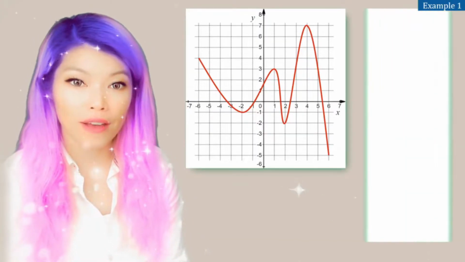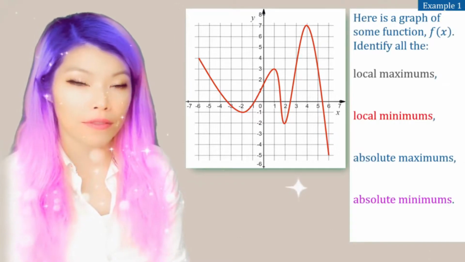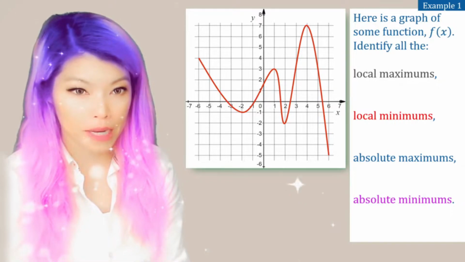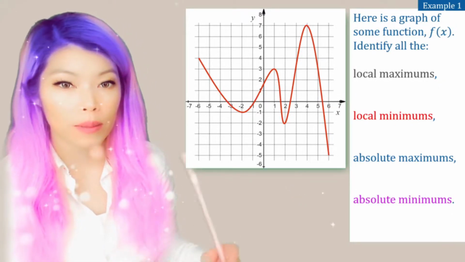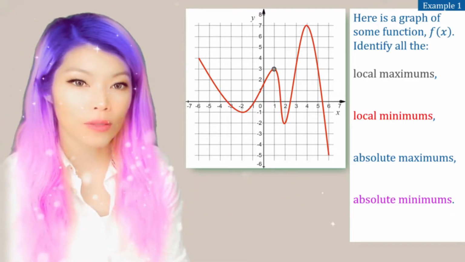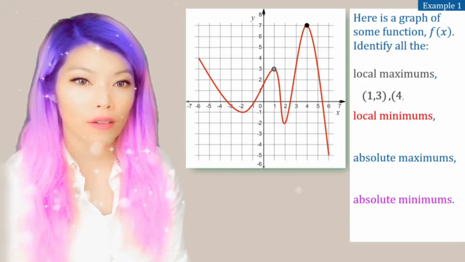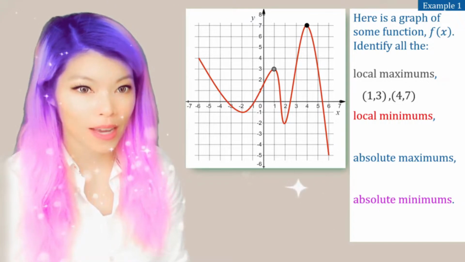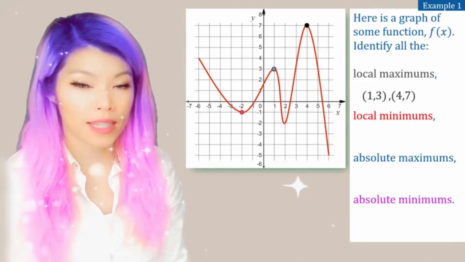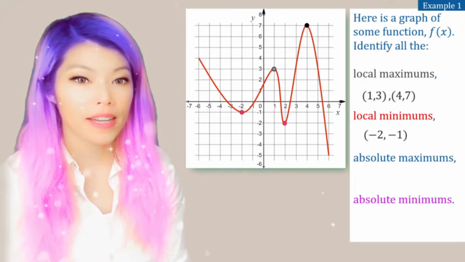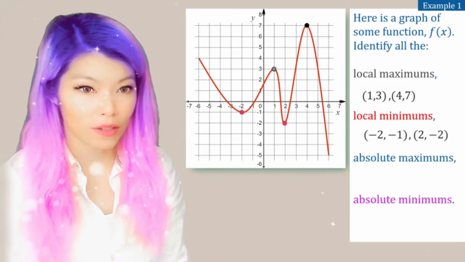Here we have a graph and let's analyze and find the local maximum and minimums and the absolute maximum and minimums. Now the local maximum means an area where it's highest. We can see the two turning points are at (1, 3) and at (4, 7). Whereas the local minimums, we can see that there's one at (-2, -1) and there's another one at (2, -2).